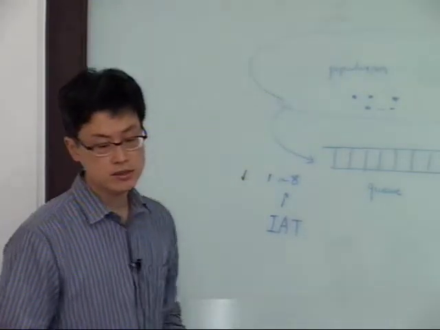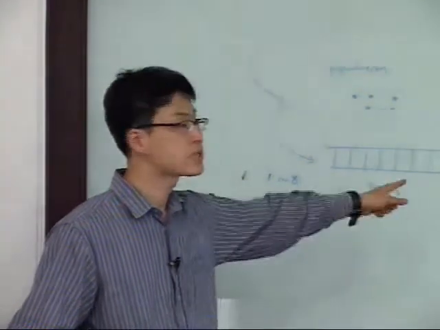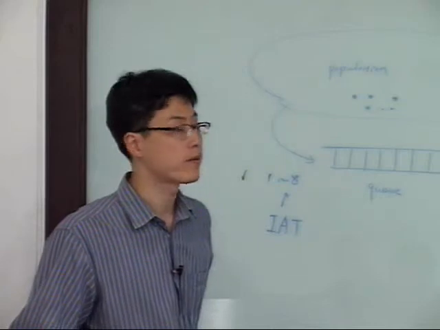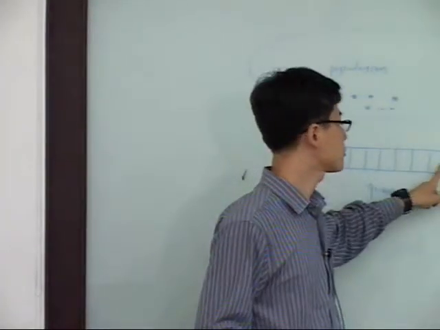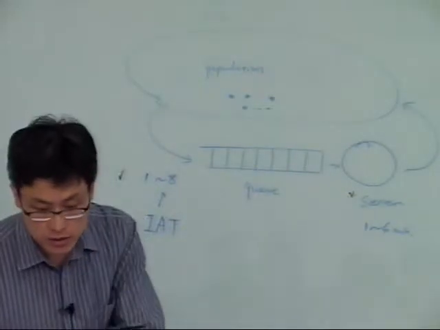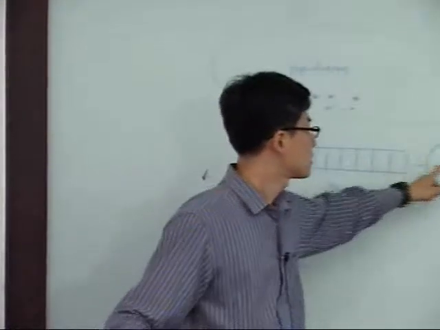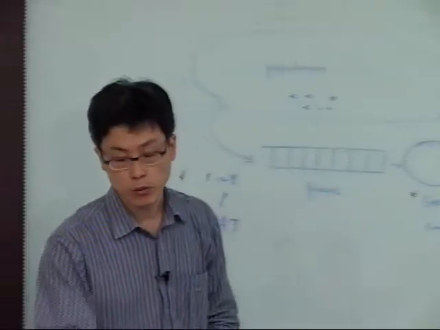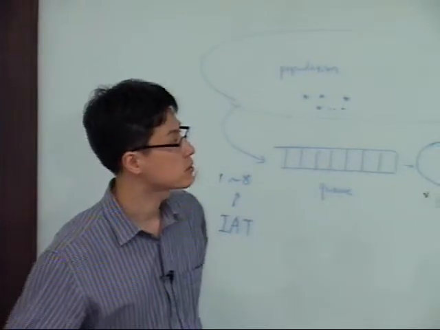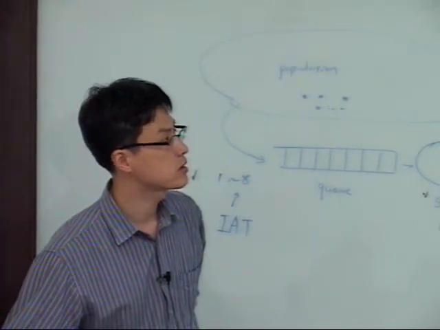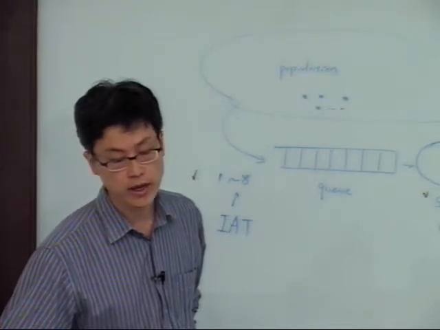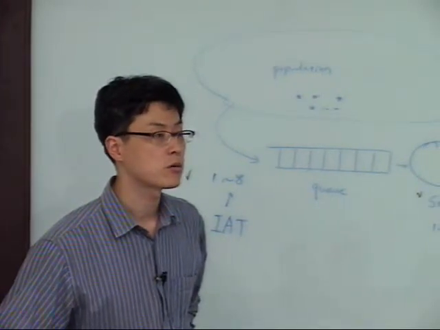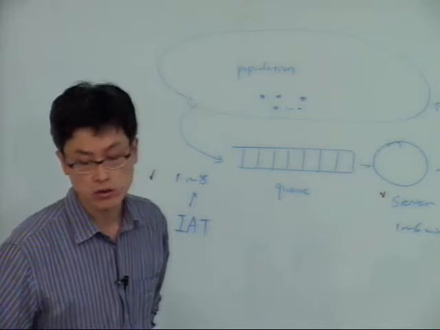At that time, LS is 1. LS is 1 means the server is busy, right? If the server is busy, yes, increase LQ by 1. If the server is not busy, then change it to busy. Either way, when an arrival event happens, it changes LS or LQ, which are the system variables. So an event changes system variables.